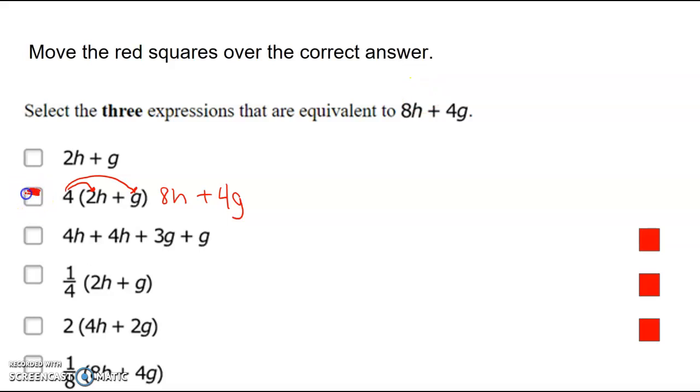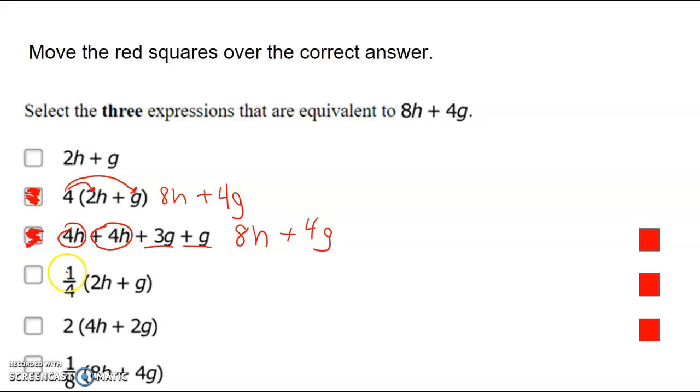So this is one of my answers. Now I'm going to simplify the next one. 4h plus 4h, that gives you 8h. 3g plus 1g gives you 4g, which is exactly what I'm looking for. So here's another equivalent expression.